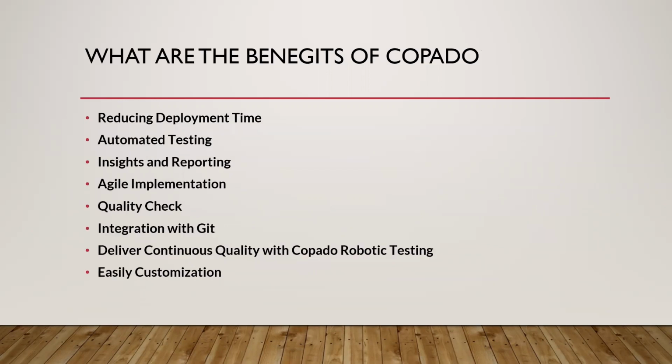So what are the benefits of Copado? First is reducing deployment time. The time it takes to implement changes in production can be shortened by using Copado for Salesforce deployment. Copado's automation capability can accelerate the review process, and its continuous delivery feature can distribute changes more quickly and precisely.